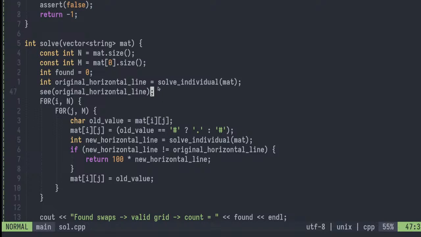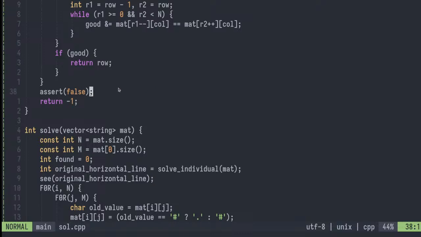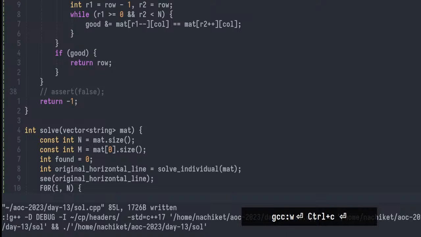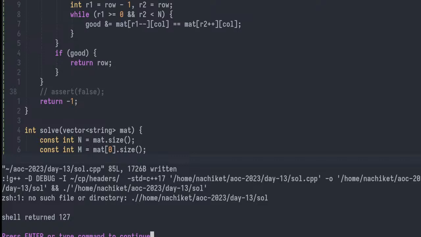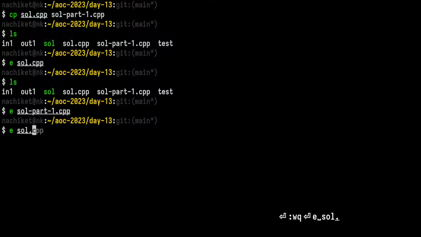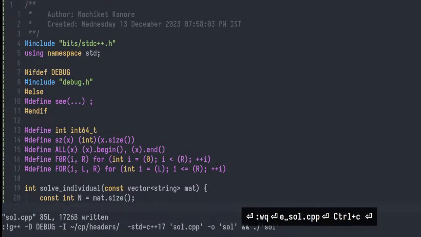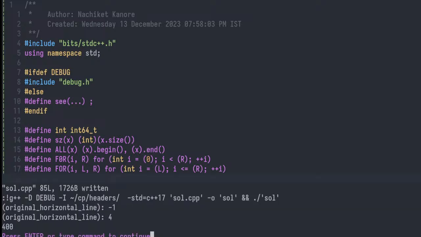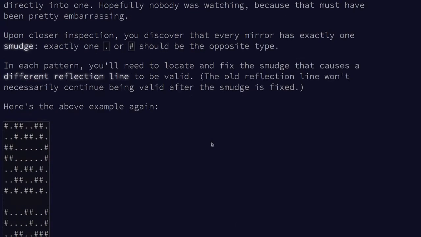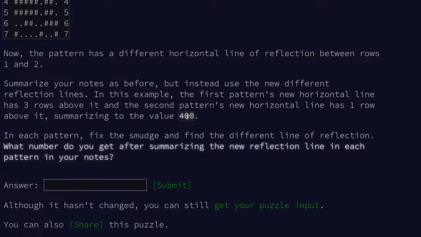I mean, how can this be not right? Minus 1 and 4. Yeah, it's correct now. And then the answer is 400. Okay. I'm not sure why that was the case.